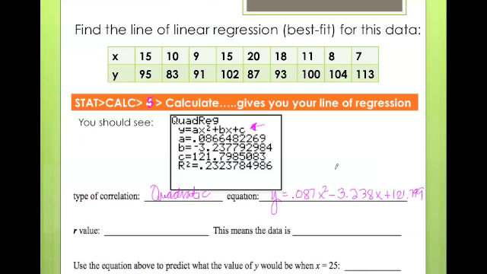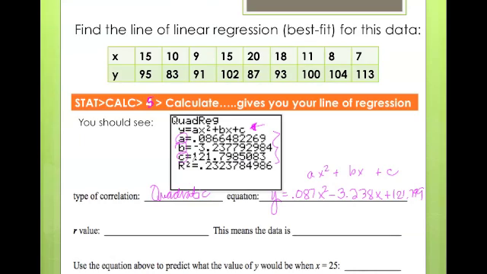And I'm getting all of these numbers. So this is ax squared plus bx plus c. And here's my a, my b, and my c. And I just put those numbers in.